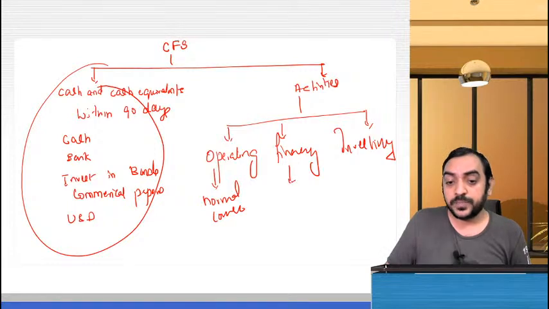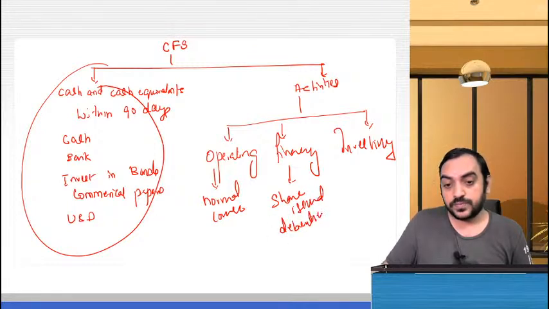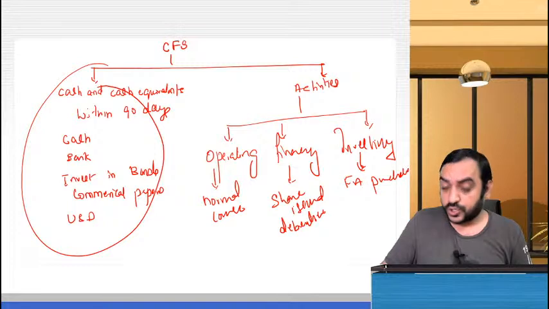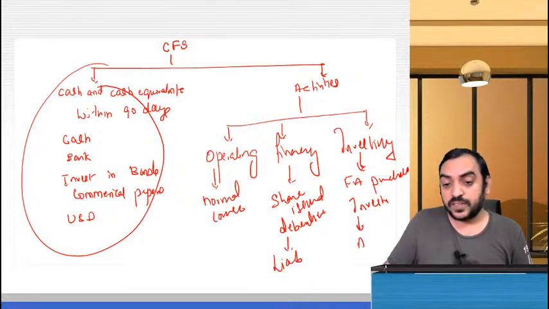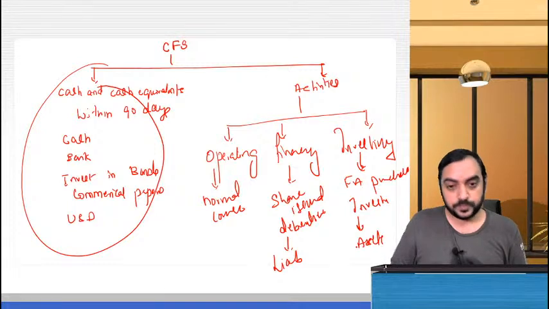Financing activities are related to share capital, shares issued, shares redeemed, and debentures, loans. Investing activities are fixed assets purchased or sold, and even investments purchased and sold. So basically financing activities relate to the liability side and investing activities relate to the asset side.